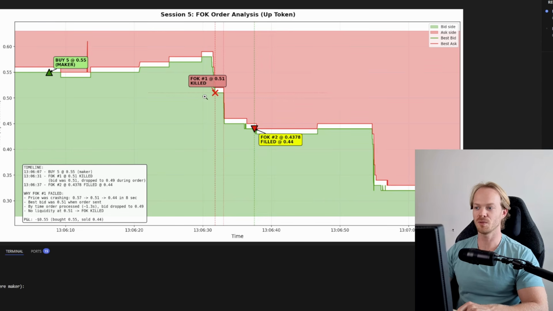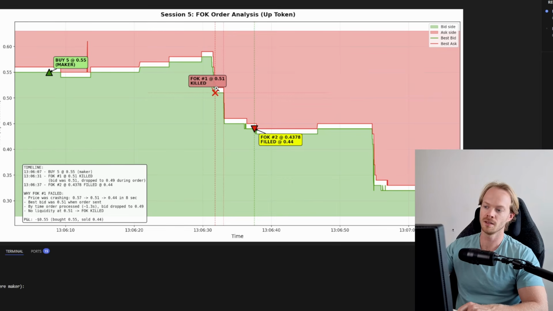And this is the risk that we need to think about. So it was actually killed even though I placed the order on the best bid. Placing it on the best bid should have made it a market order. But since the market moved, you can see how rapidly it moved down in this case, I think at the time there were just no orders, and then it was simply killed.